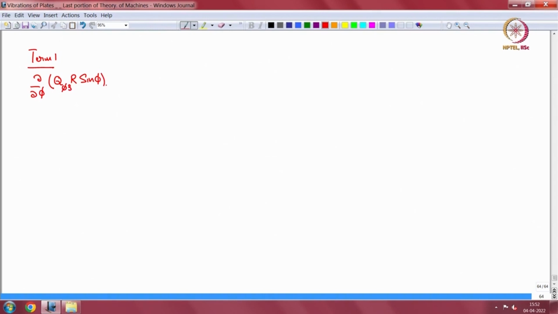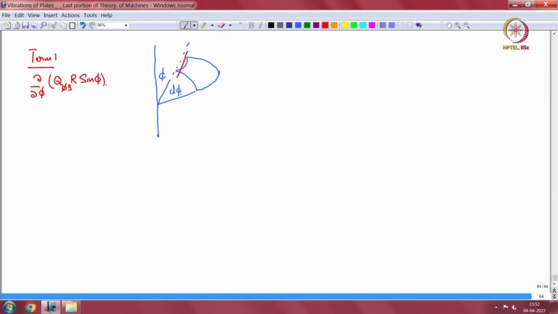Now, if I again draw the axis of revolution, this is my differential element, with the phi direction d phi, and q phi 3 is on the phi face in the 3 direction.